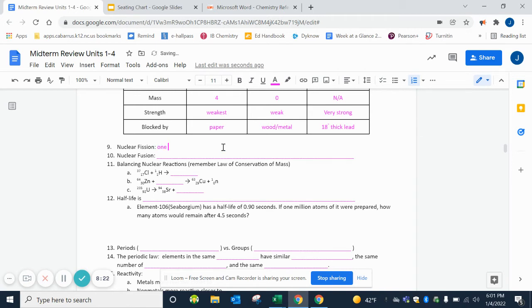So one nucleus breaks into 2 lighter, stable nuclei. And then fusion, you're bringing 2 things together. So 2 lighter nuclei combine into 1 heavy nucleus.